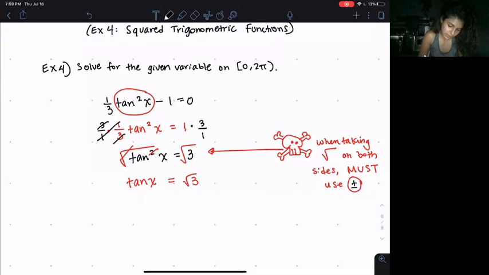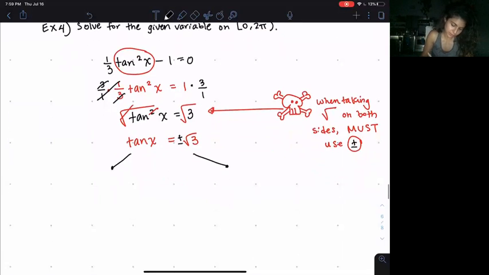So actually, tan x equals plus or minus radical 3. In reality, we have two equations here, not just one. So I'm going to split this up into two pieces. On the one hand, we know tan x equals positive radical 3. And on the other, we know that tangent x equals negative radical 3.